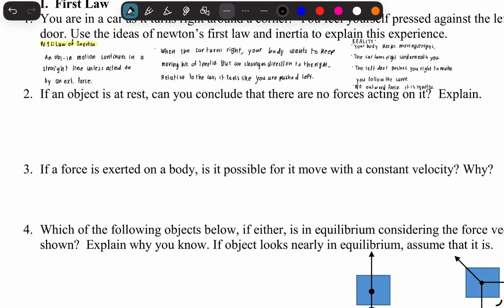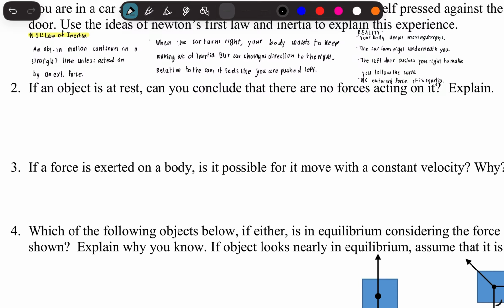Now for the second example, we have: if an object is at rest, can you conclude that there are no forces acting on it? The answer is going to be no. This is because an object can be at rest with forces acting on it.